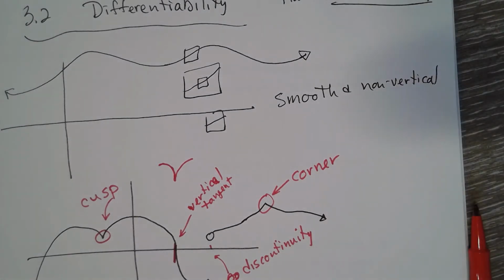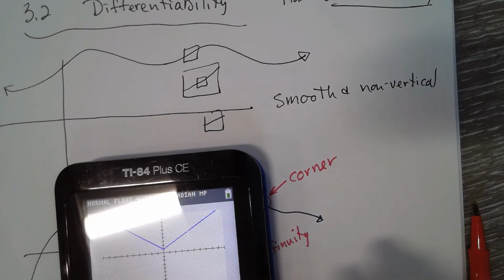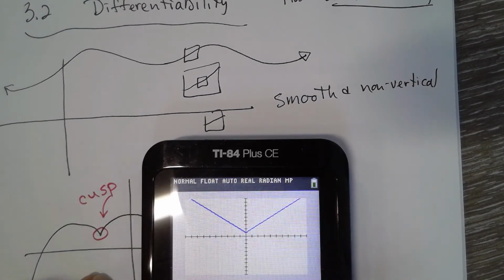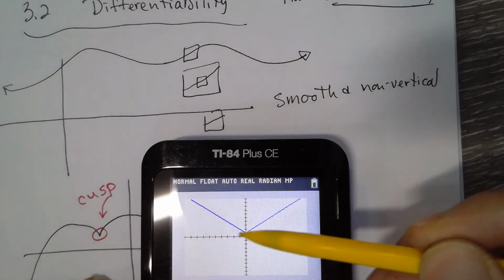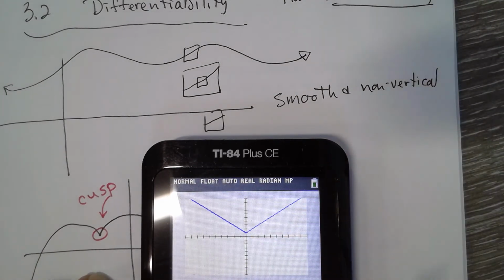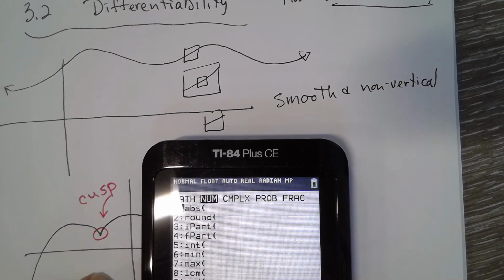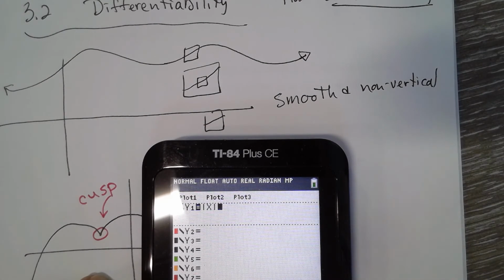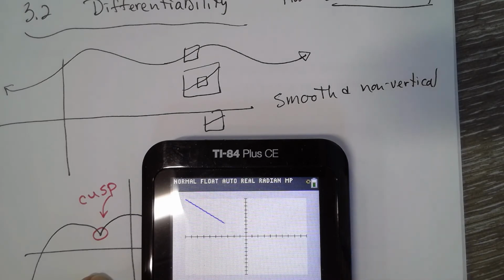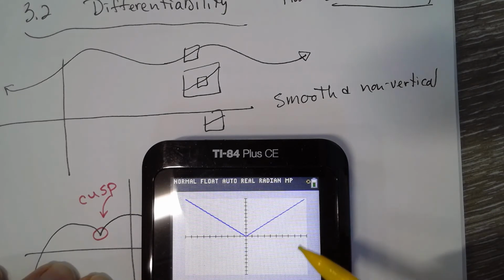Your calculator, what it does to find a derivative is just, it picks 2 points right next to each other, really close to each other, and then it finds the slope in between. So let's say I go back to absolute value of x. First of all, I'll graph it. Your calculator actually will give you the derivatives.